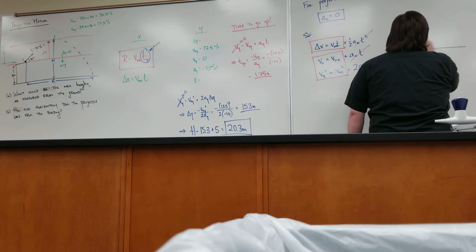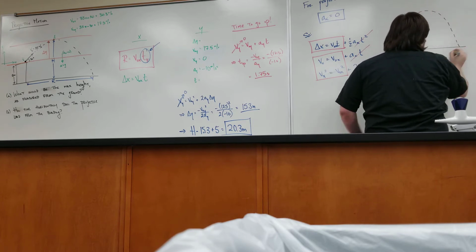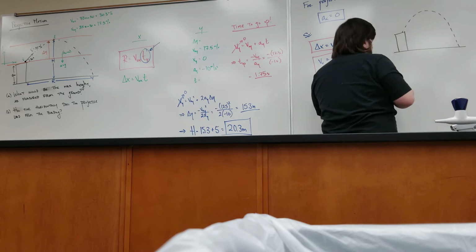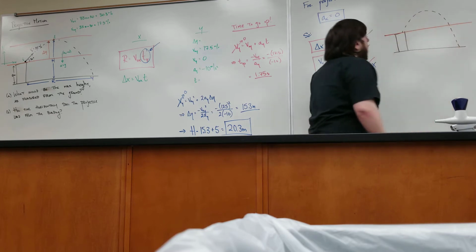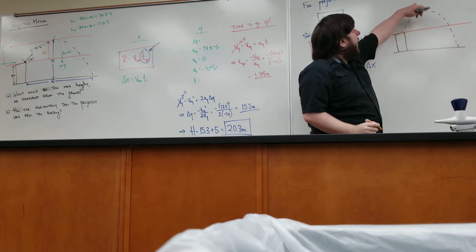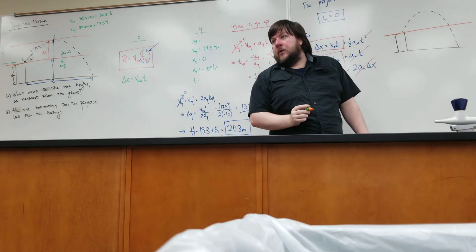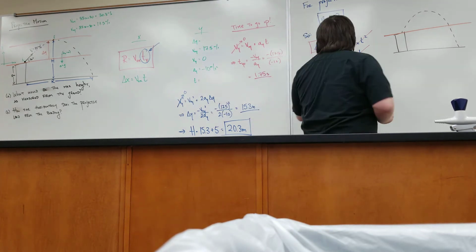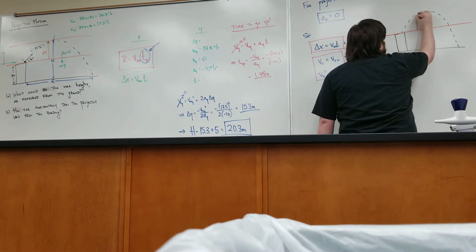Really quickly, if I redraw this picture, and here's the trajectory, if I draw a horizontal line from the starting point, everything above that horizontal line is symmetric. So this 1.75 seconds that I found, that's how long it takes to reach the peak.